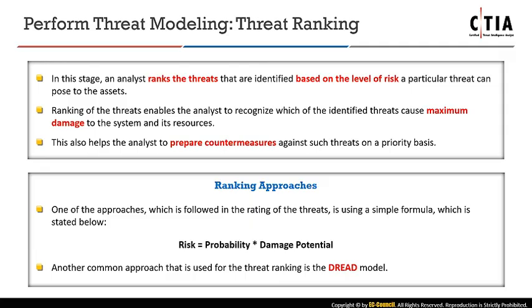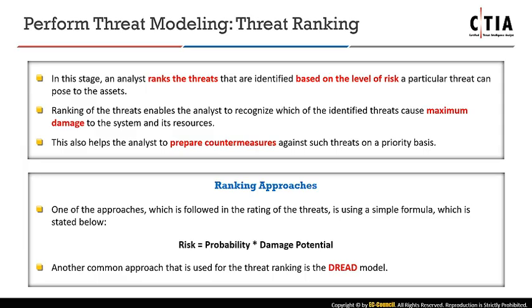So there are many different ranking approaches out there, and one of the approaches is to use a simple formula, which is risk equals the probability of risk multiplied by the damage potential.